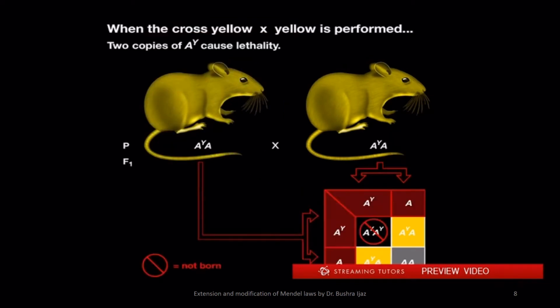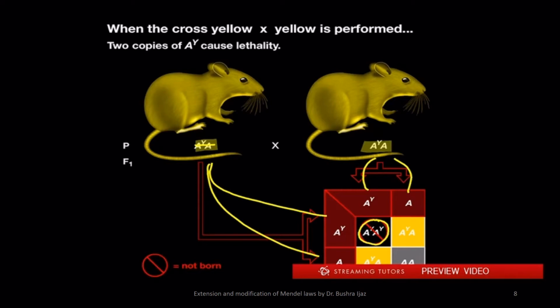So what is going on here if that's the case? Well, if you do the cross yellow times yellow, so now we know what that means, each parent can donate an AY and an A, right? So let's follow that: AY and A, AY and A. And let's just fill in the boxes. So we get one homozygous dominant AY AY.